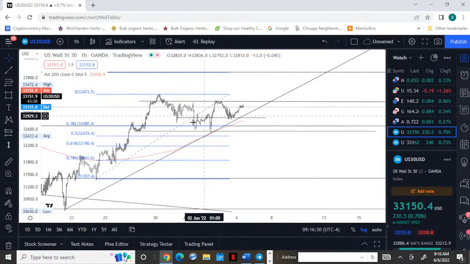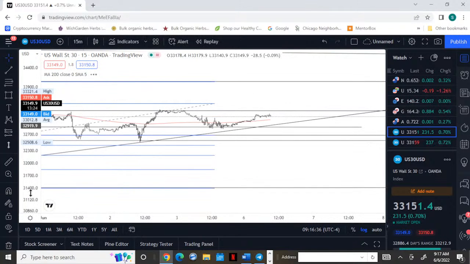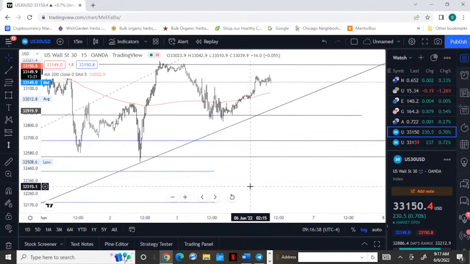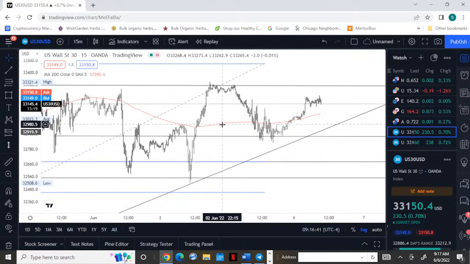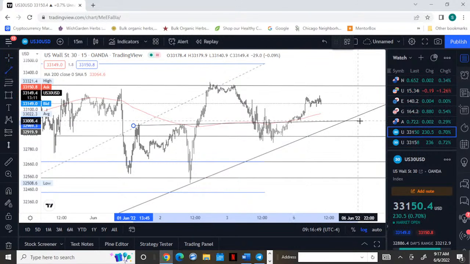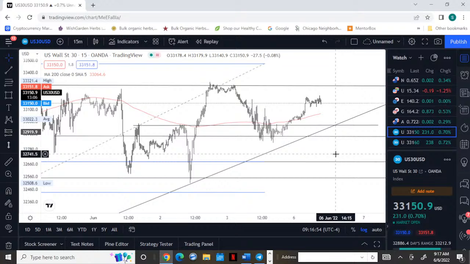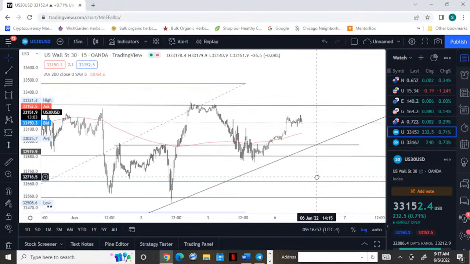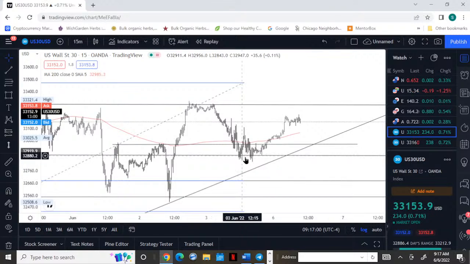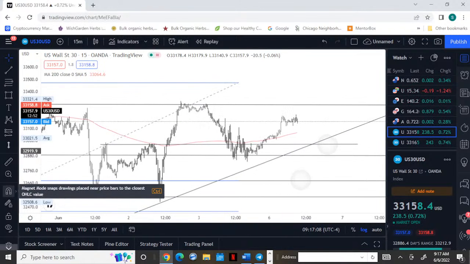This one didn't quite come back to test it. So we'll go back down to the 15. We got one more right here. Price gave us that double bottom and bought. Not quite a trend line.